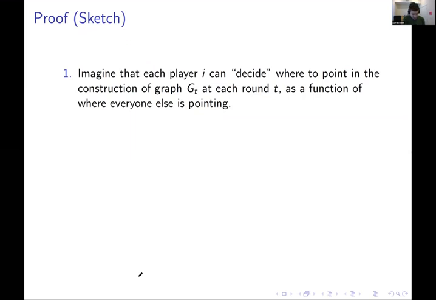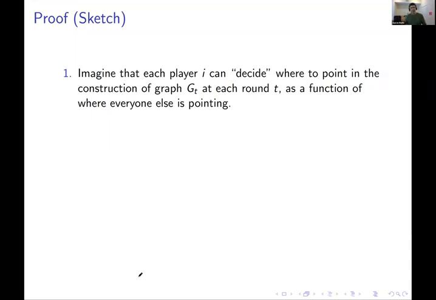And here, if you view it the right way, the result is quite intuitive. So let me sketch the proof in a maybe more intuitive, slightly more informal way. So the way the algorithm really works, right, is you report some set of preferences, but without loss of generality, we can think about the algorithm as if it really works the way I described it, where you are an active participant standing in a town square, and every round are asked to point to your favorite good amongst the ones remaining.